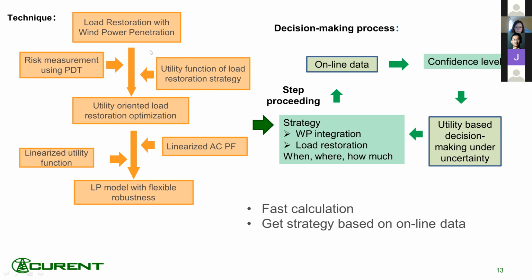And because this model has a simple mathematical type, it is very fast. It can be solved really fast, and we can get the strategy directly based on the online data.